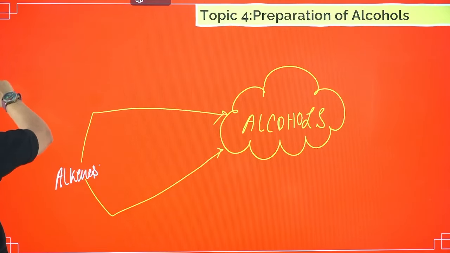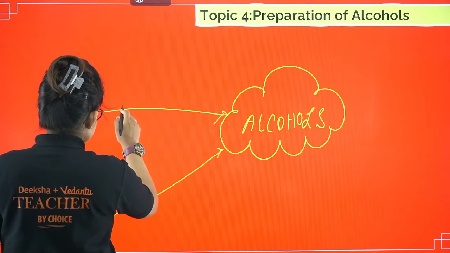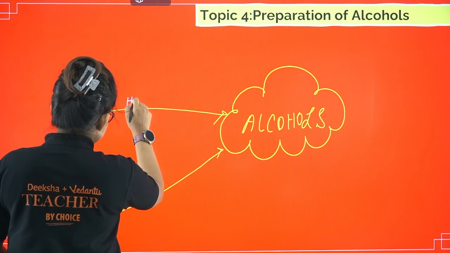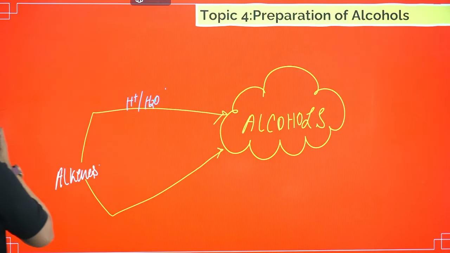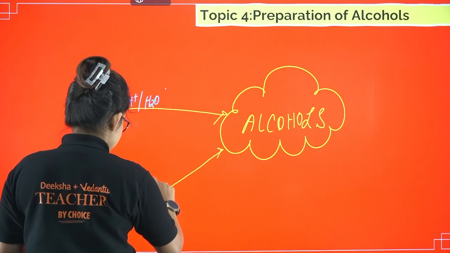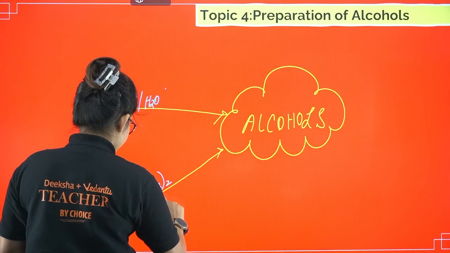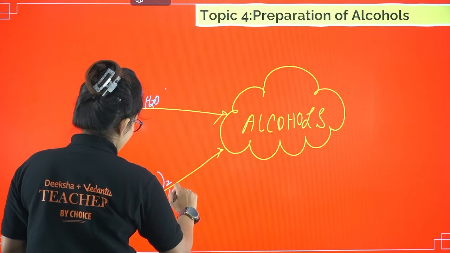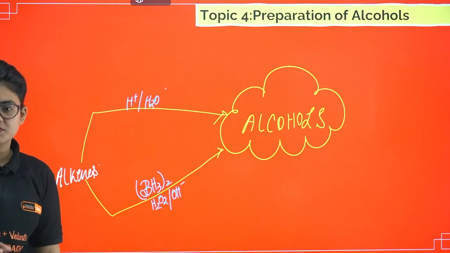What are the two ways? First, we can proceed with the acid catalyzed hydration, so I can give simple H+ and H2O. Another thing I can do is hydroboration oxidation, so let's give the reagent BH3 followed by H2O2 in presence of OH-. These are the two options from the alkene.